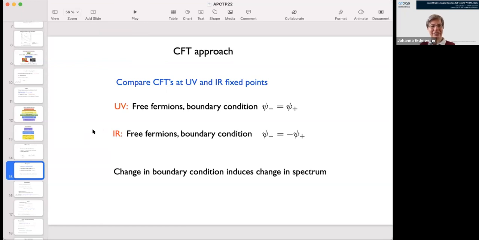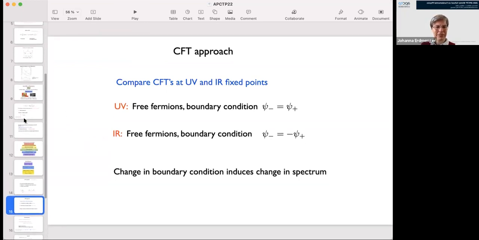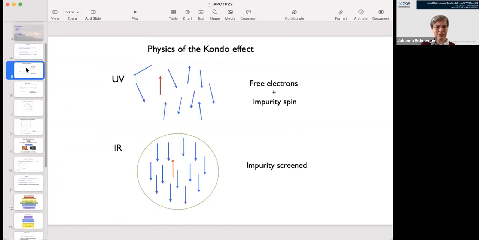Okay, very good question. Let me backtrack, let me go back to this picture. In the UV, everything is free. And in the infrared, there's this screening happening. So that's the physical picture.